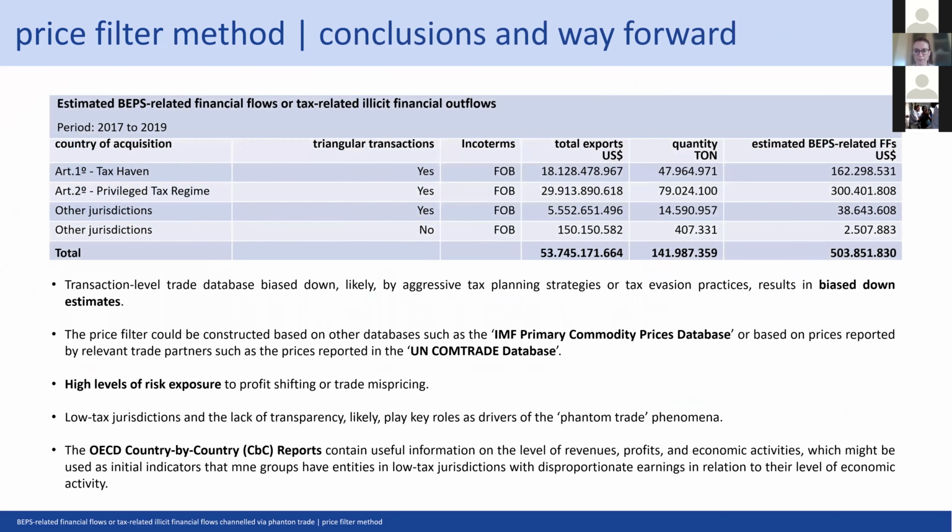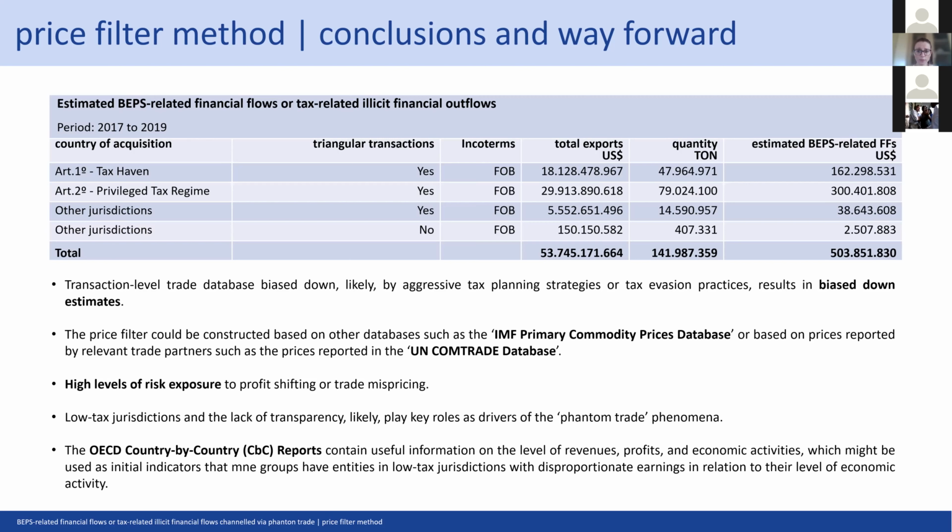So the first conclusion of our research is that if a considerable amount of export transactions relies on triangular operations through offshore intermediary entities located in low tax jurisdictions, the statistically estimated price filter wouldn't be the most appropriate one. So as an alternative, the price filter could be constructed based on other databases such as the IMF Primary Commodity Prices database, or based on prices reported by relevant trade partners, such as the prices reported in the UNCTAD database.